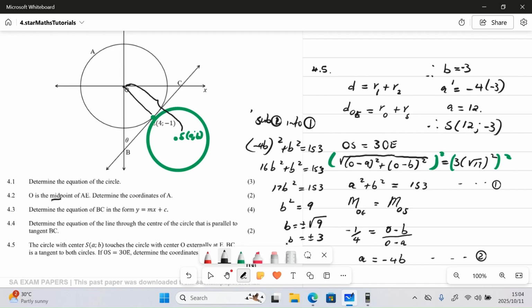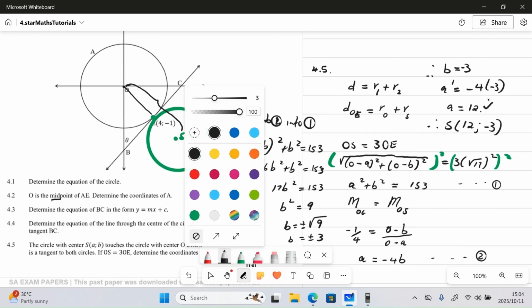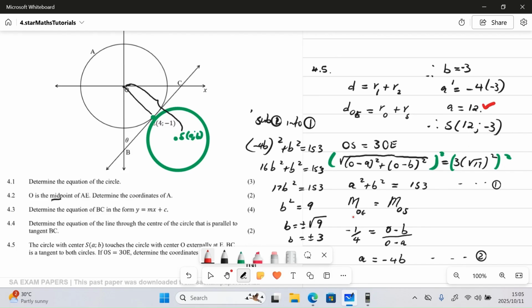Then let's check how we mark. We are finding the value of a, as well as finding the value of b, negative 3. Maybe we can say that is a 3 mark.